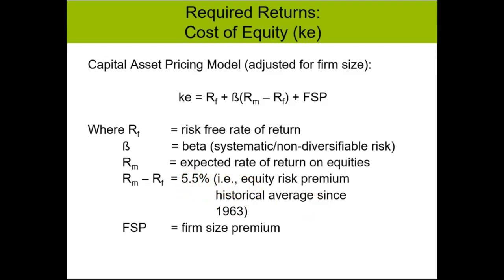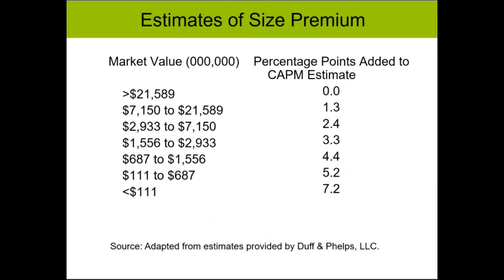The firm size premium is a proxy for the potential default risk of the firm and is based on the assumption that larger firms are less likely to default than smaller firms. You can take the estimates of the size premium based on the market value, as provided by Duff and Phelps LLC.